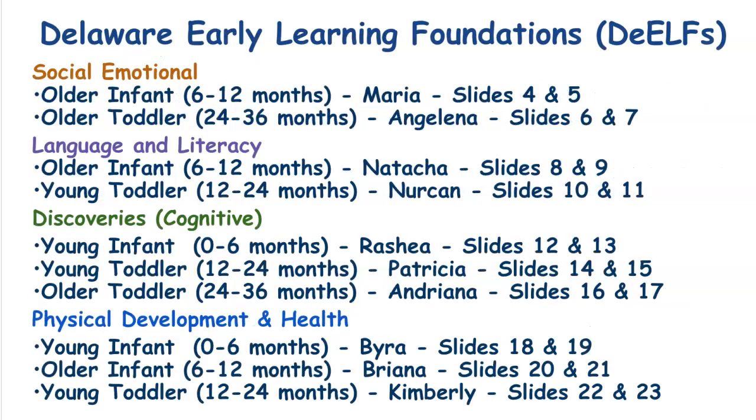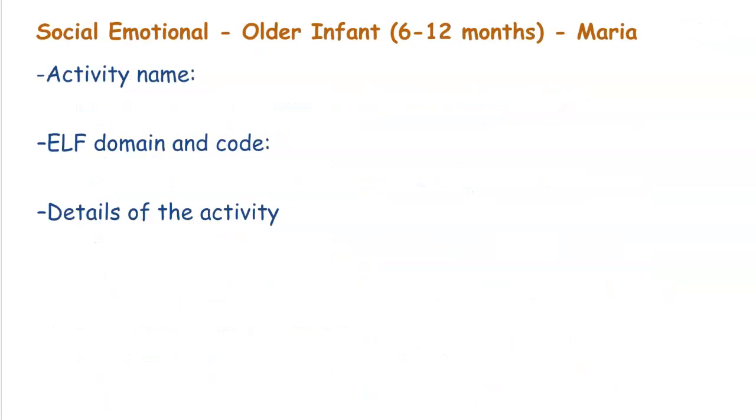Okay, here are the assignments. There are social emotional, language and literacy, discoveries, which is your cognitive, and physical development and health. So find your name, and then you can see, if we click one more, because we're on slide 3, slide 4, Maria has hers first.